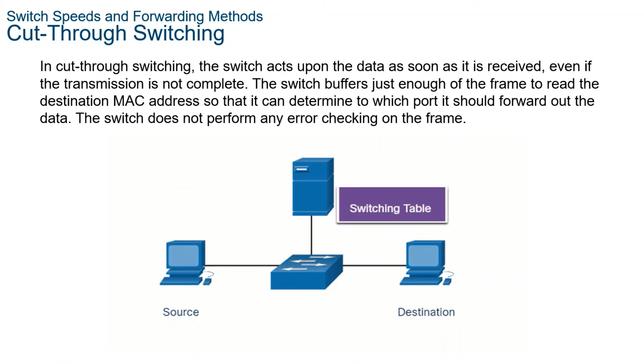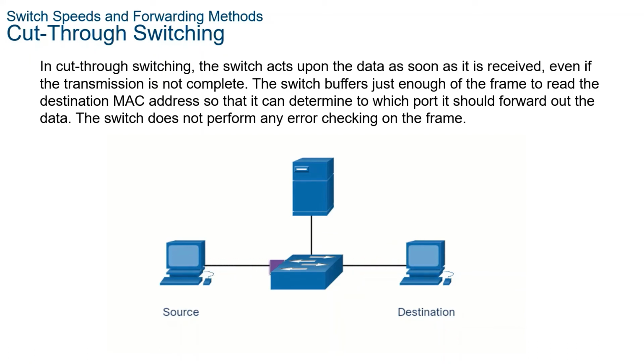Now, in cut-through switching, the switch acts upon data as soon as it is received. Even if the transmission is not complete, the switch buffers just enough of the frame to read the destination MAC address so that it can determine to which port it should forward the data. The destination MAC address is located in the first 6 bytes of the frame following the preamble, as presented earlier.